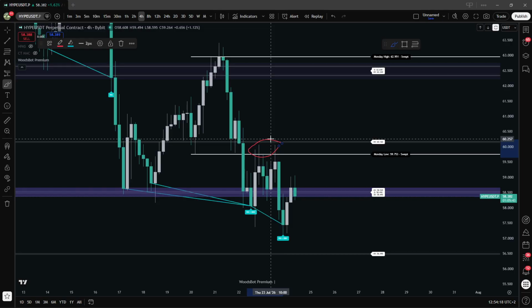If you have that bearish divergence or bullish divergence, depending on the Monday range high or low, then you can look for longs and shorts. So look for liquidity, look for a sweep of the high and low, look for bullish and bearish divergence, and wait for the candle closure to actually sweep the high and then close below the high, or sweep the low and close above the low.